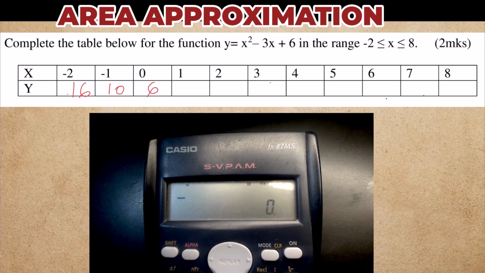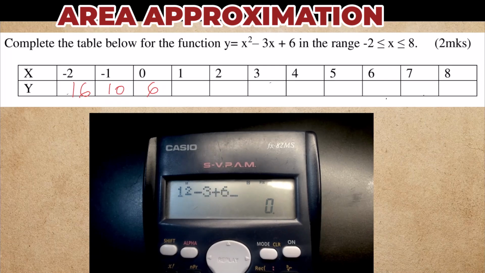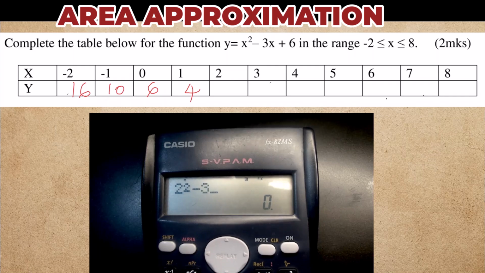The next one, when x is 1, what is y? So 1 squared minus 3 times 1 will be 3, then plus 6. So that will give 4. When x is 2, that will be 2 squared minus 3 multiplied by 2 plus 6.